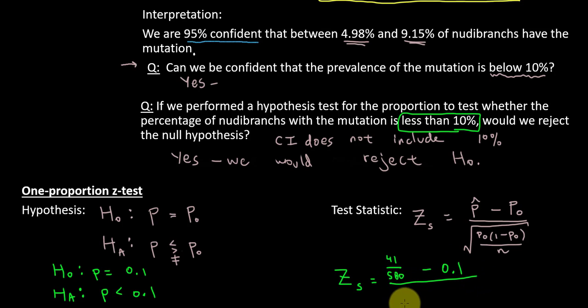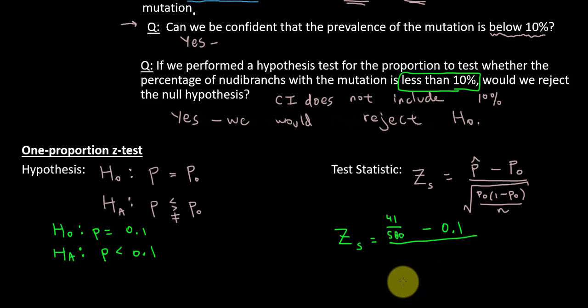And in the denominator is going to be a big square root of 0.1 times 1 minus 0.1 over our sample size of 580. That's all in the square root. I will use R as my calculator here, so you can see how I would type this in. Any calculator would suffice.